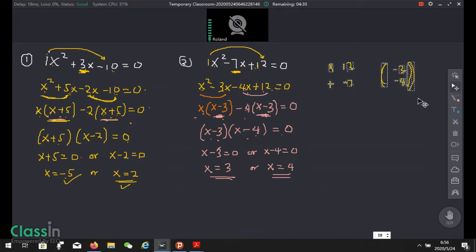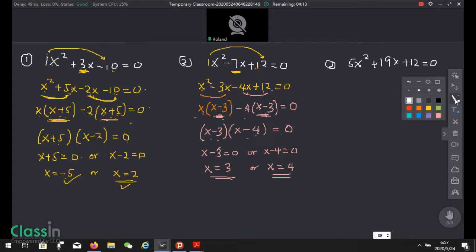All right, let's look at a condition where the coefficient of x squared is not 1. For example, if you have 5x squared plus 19x plus 12 equals 0. The same approach, we multiply the coefficient of x squared by the constant term here.